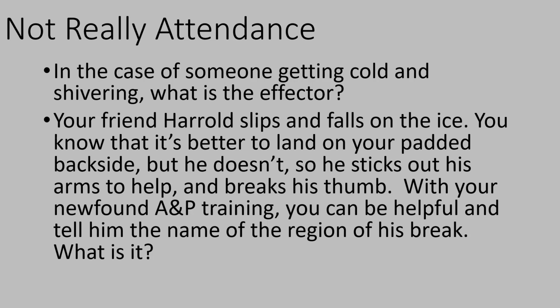Next, Harold falls and breaks his thumb. You know the name of that region, so what is the proper name for the thumb region when we're talking anatomy? See if you can think of that. Well, the thumb is one of the fingers.